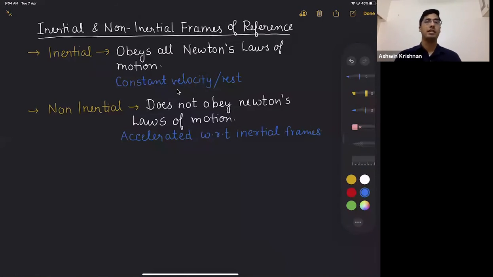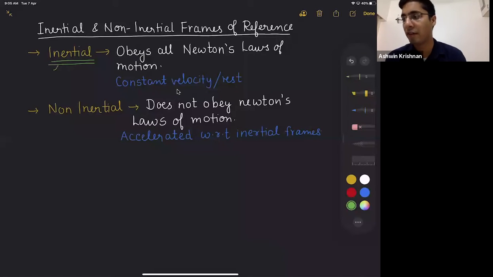So for instance, let's say instead of sitting in a class, I'm actually moving in a fast moving car, which keeps on accelerating. Then if I try to measure someone's force, mass and acceleration, force will not be equal to mass into acceleration. So that is an example of a non-inertial frame of reference. So these are the two frames of reference. So far, most of the questions we have studied have been in inertial frames of reference.